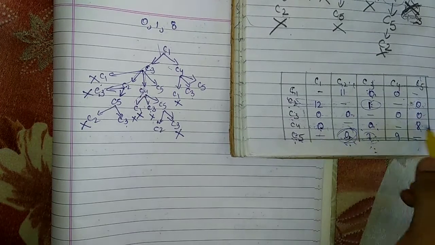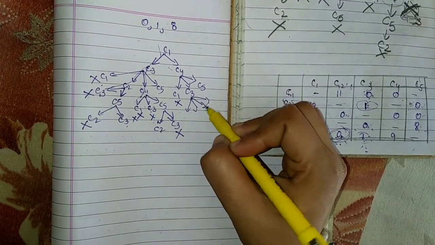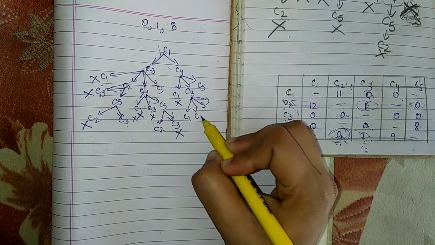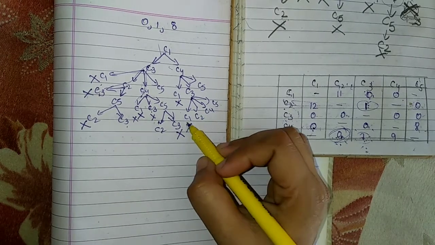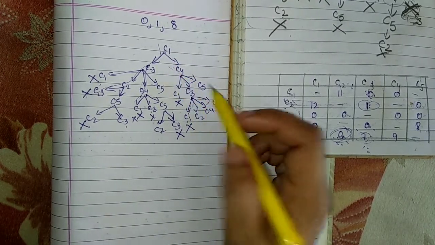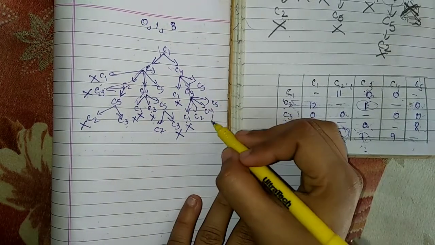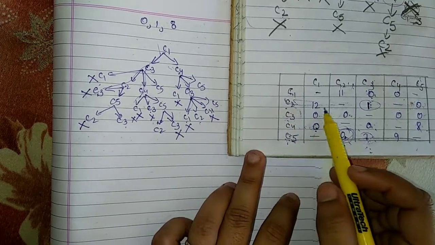C3, there are 4 zeros: C1, C2, C4 and C5. It is unfavorable because it does not cover 2 or 5. It is unfavorable because C4 is already covered here.